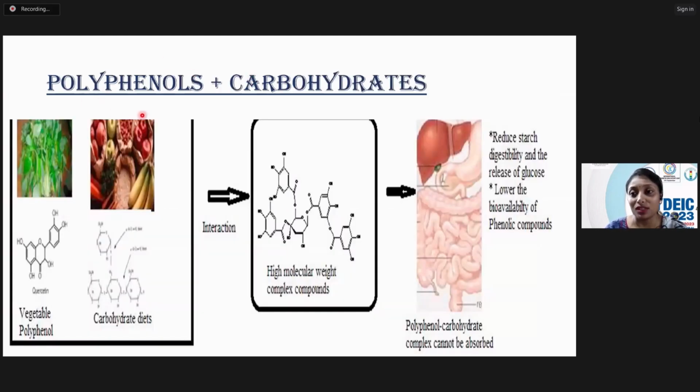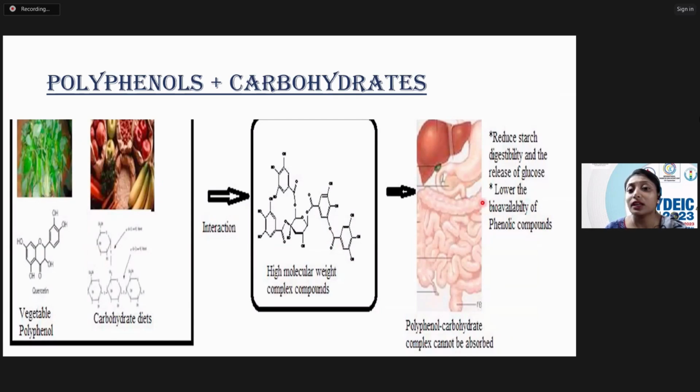Phenols or polyphenols, we are aware, mostly interact with micronutrient absorption and lower the absorption of multiple vitamins and minerals in our gut lining. That is very true. But if the same polyphenolic vegetables are cooked together with carbohydrates, then the long chains of polyphenol pair up with the long chains of carbohydrate. And ultimately, we end up with huge molecular structures. These molecular structures are not easily digested in our gut.